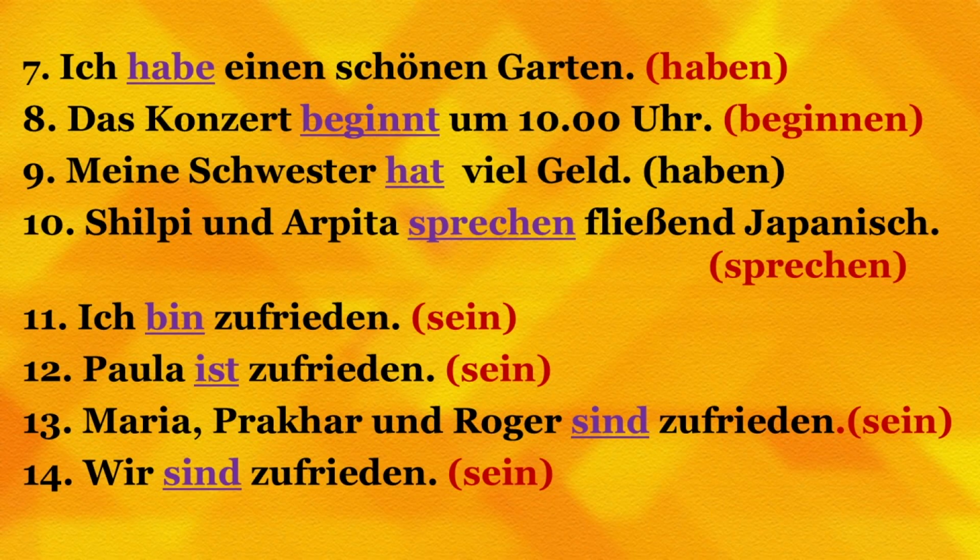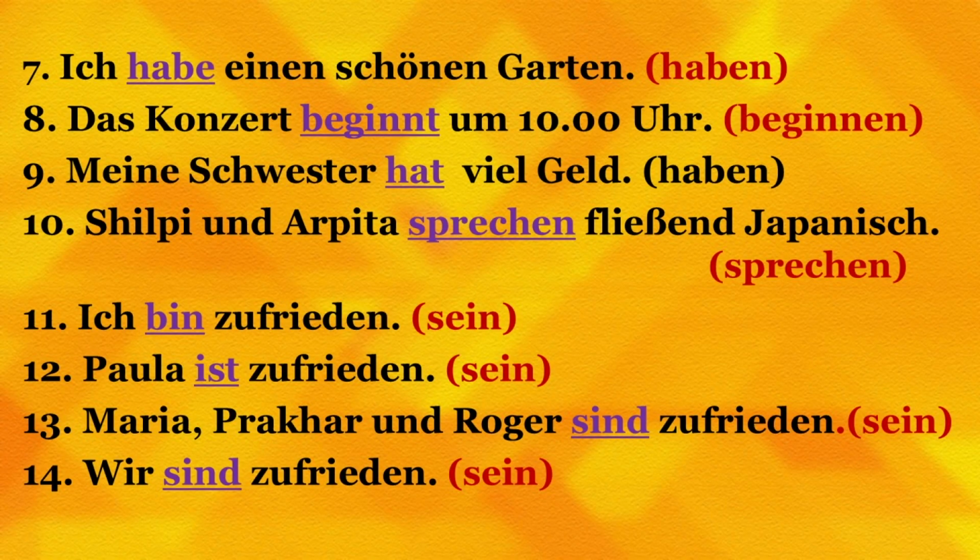Next sentence, das Konzert dash 10 Uhr. The given verb is beginnen and it means to begin, to start. So, it is talking about a concert starting at some particular time. So, it says das Konzert beginnt 10 Uhr. The concert starts at 10 o'clock. Please note, we have the subject here as das Konzert and it will take the third person category case.